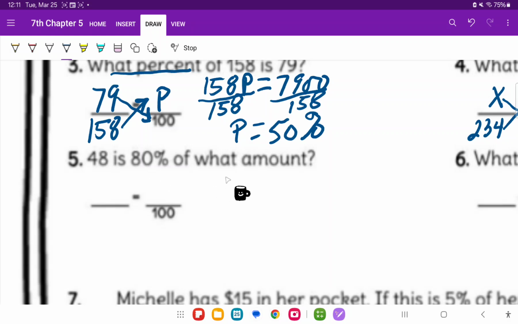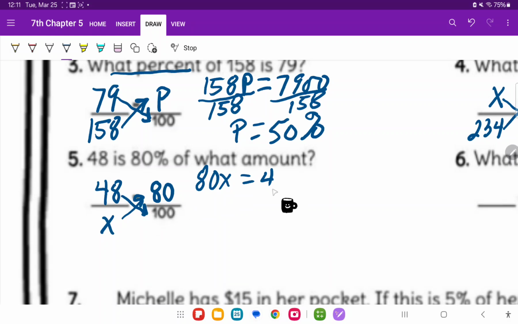48 is 80% of what number? So here's your percent right there, 80%. And it's is over of. We don't know the of. So we're going to cross multiply. So that's 80x is equal to, multiplying here, 4,800.